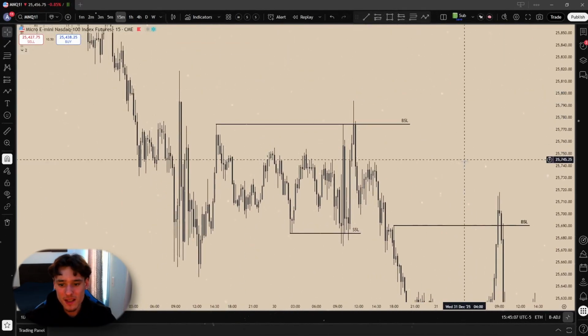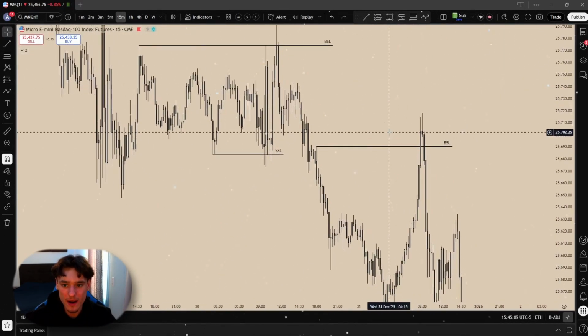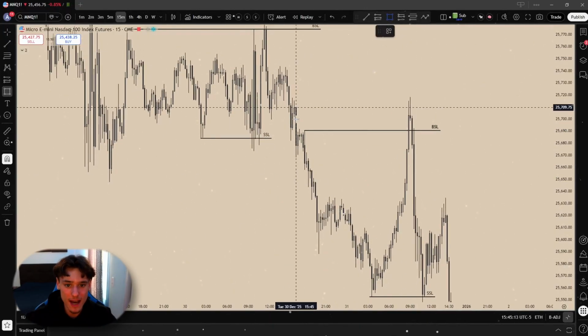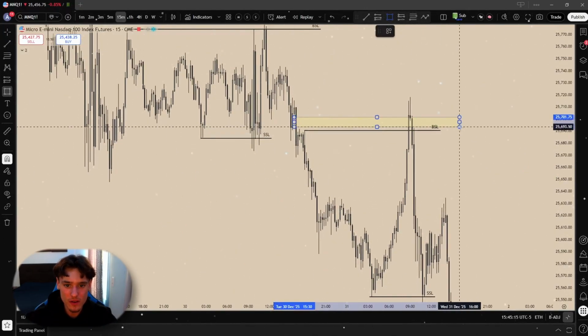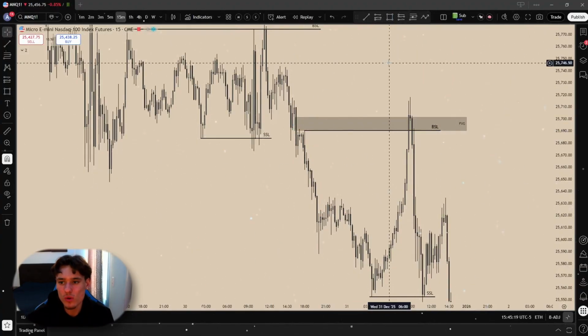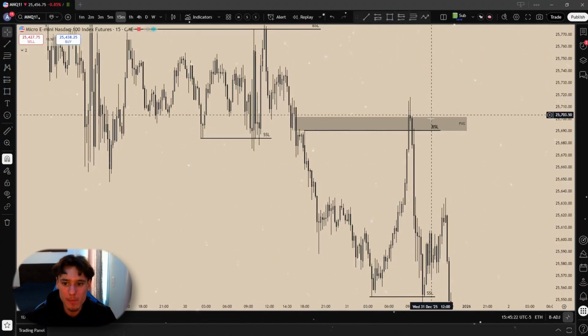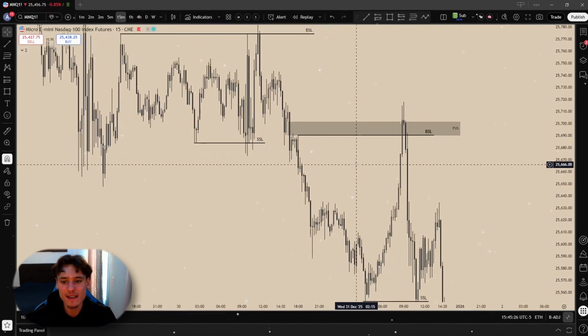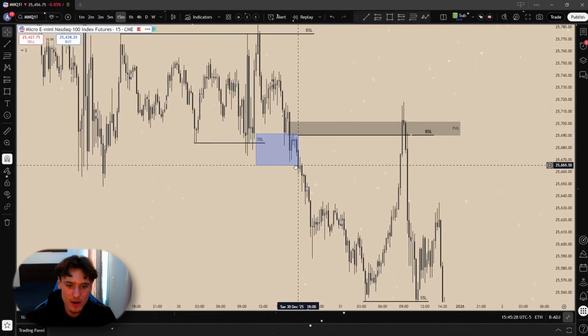Now, something that you have to pair with buy side and sell side are fair value gaps. Guys, fair value gaps are key. It's like the golden apple. Buy side and fair value gaps, putting them together, you are going to get sniper entries.